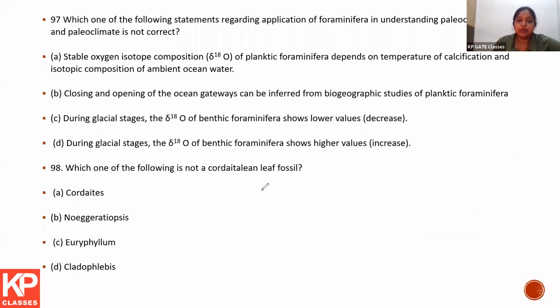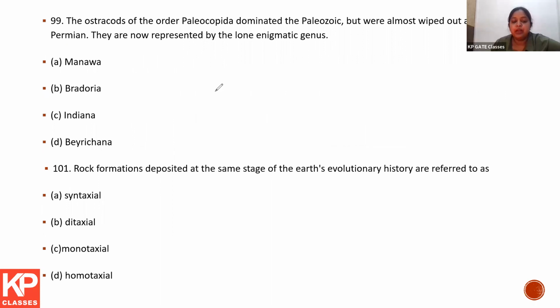Which one of the following is not a Gondwana leaf fossil? Answer is chordates. That is a direct question, if you know about the Gondwana leaf fossil, we'll get the answer. Next one, of the ostracod order Palaeocopida, Palaeocopida dominated the Paleozoic, but were almost wiped out at the end of the Permian.